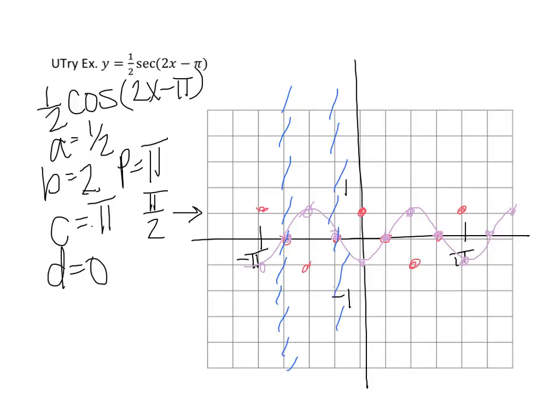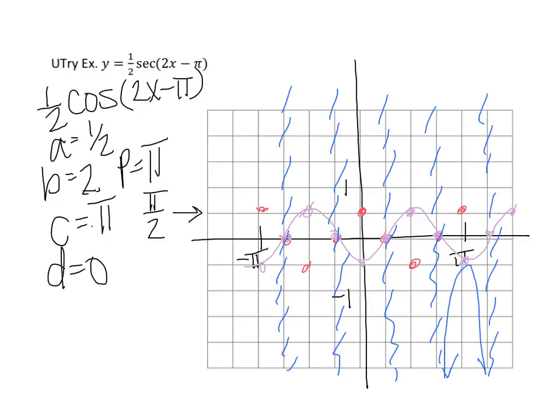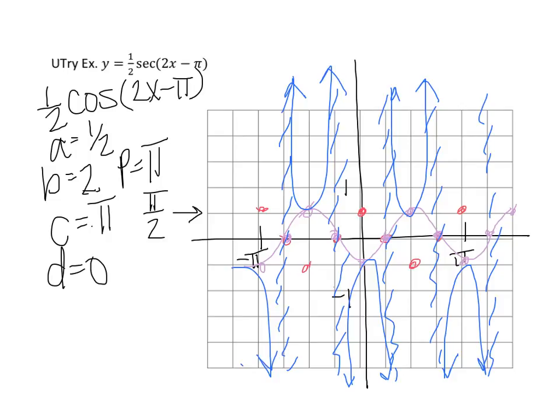There will be 2 tick marks on this graph. And draw in the parabolas. They do continue infinitely, so they do need arrows on them. There we go.